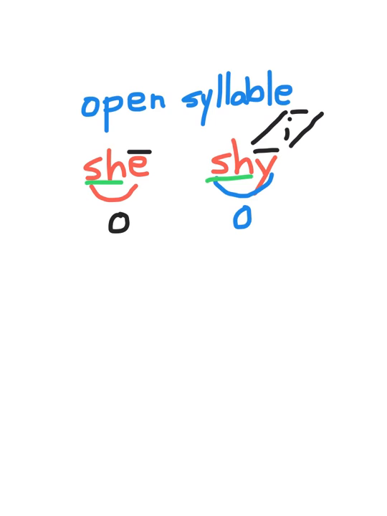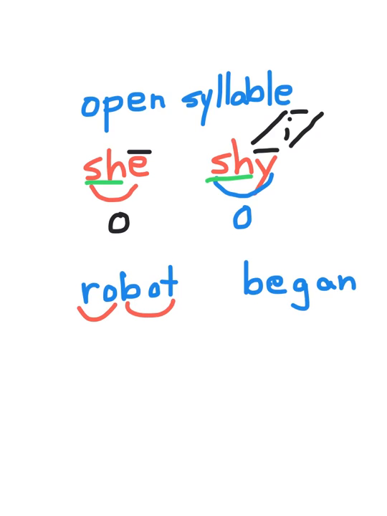Now if we have an open syllable at the beginning of a two-syllable word, we can mark it that way too, such as the word robot or the word began. Let's mark these two words. Remember, robot, began. So you can hear in the syllable ro that there's a long vowel sound at the end of that syllable.